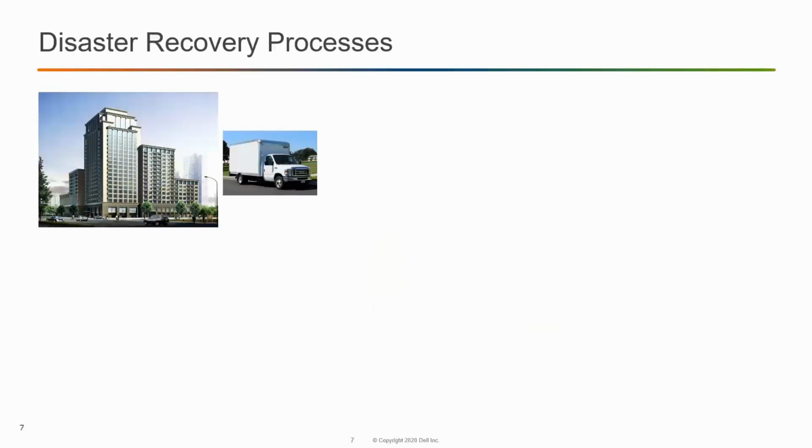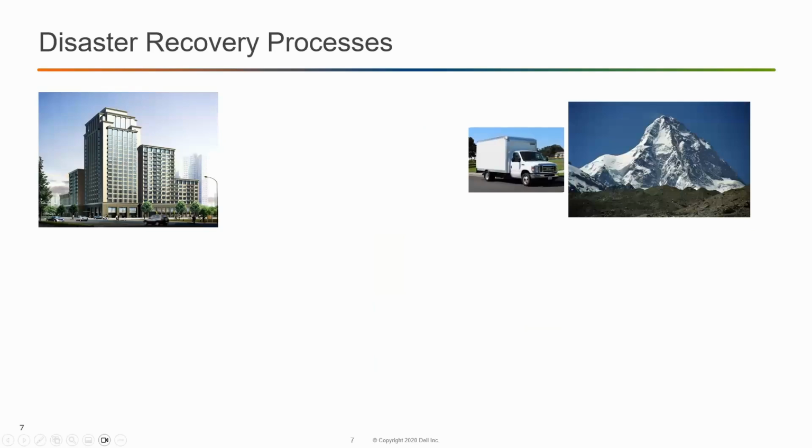But tapes were involved in the disaster recovery process too. You would create your backups and send some of those backups off-site for your DR purposes. You put them on a truck, and that truck would drive those tapes to some off-site location that was safe and protected.